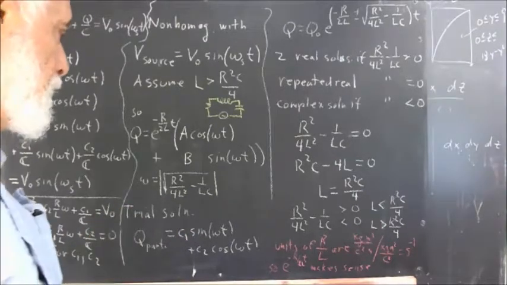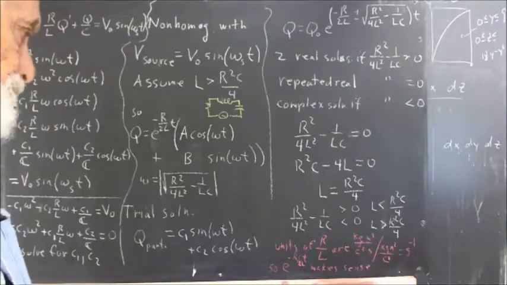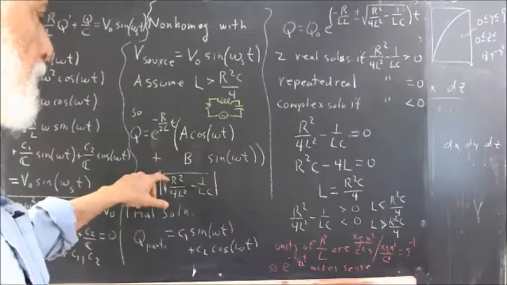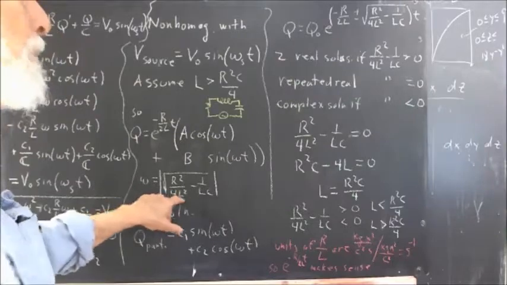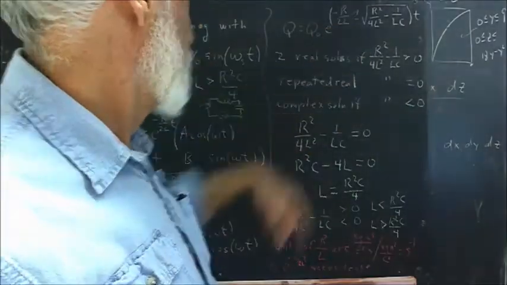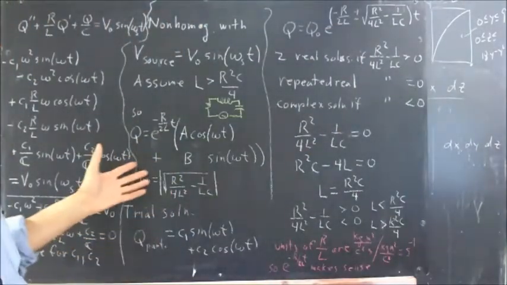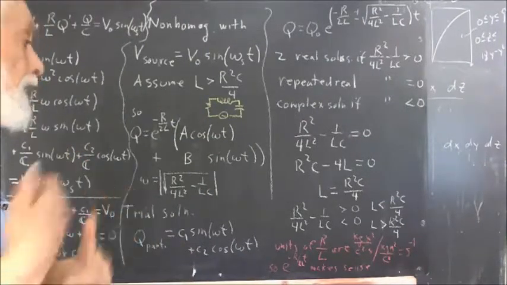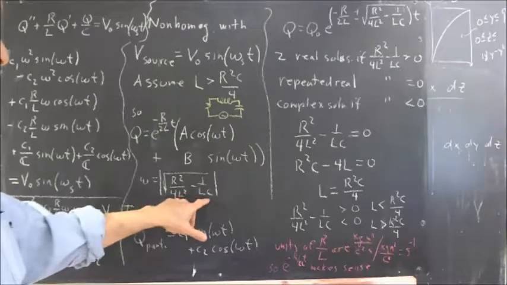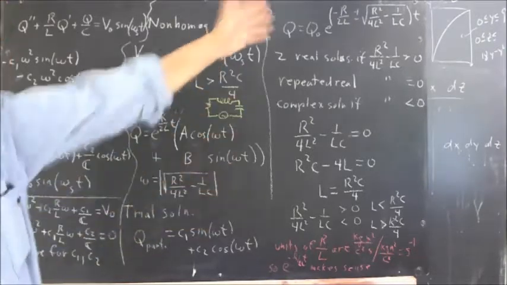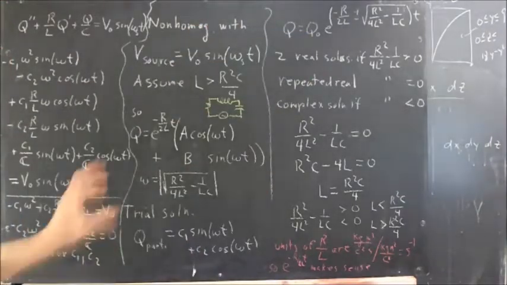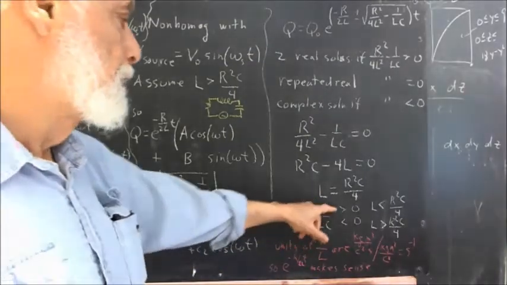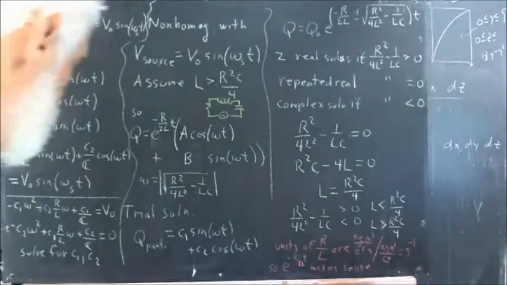And note again, if 1 over LC is small compared to this, this just comes out close to R over 2L. So it has a magnitude close to R over 2L, but that won't make the thing oscillate. That would result in a positive term here, and that's going to drive your two exponentials. So you might want to think through what happens in this case, which we're not talking about today.